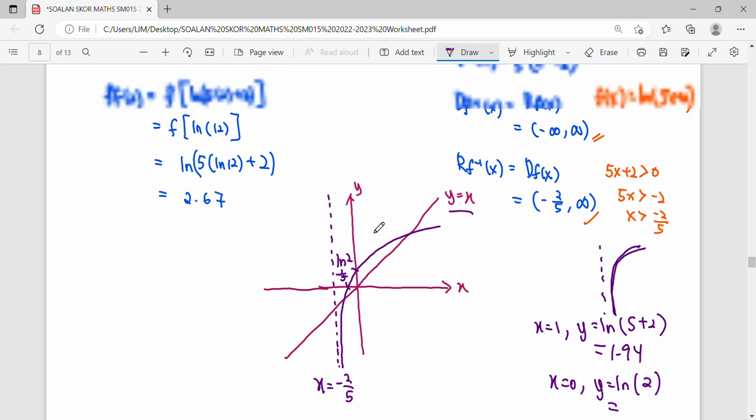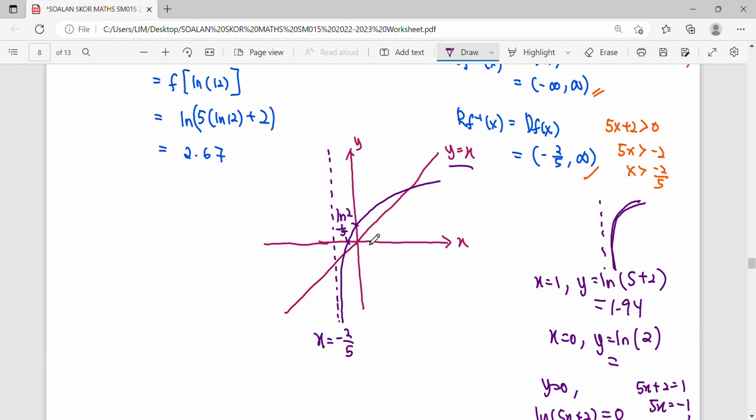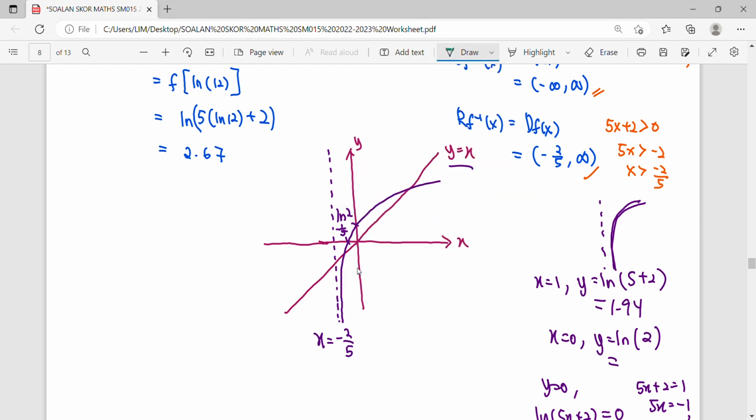So when you're drawing a graph, make sure your original graph f(x) is correct first. If the intercepts are all fine already, then the next and last procedure is we're going to reflect it. So fold and reflect. When you reflect, exactly at this point we have a vertical asymptote, which will become a horizontal asymptote. So state it.